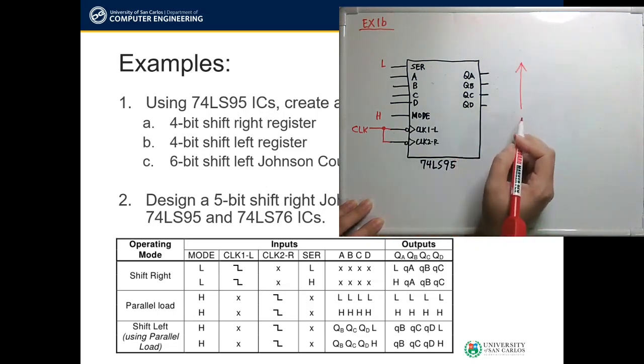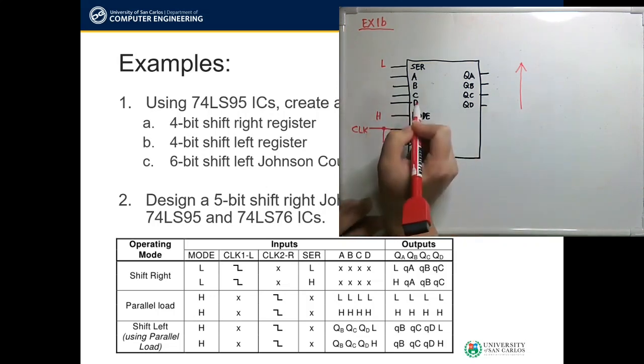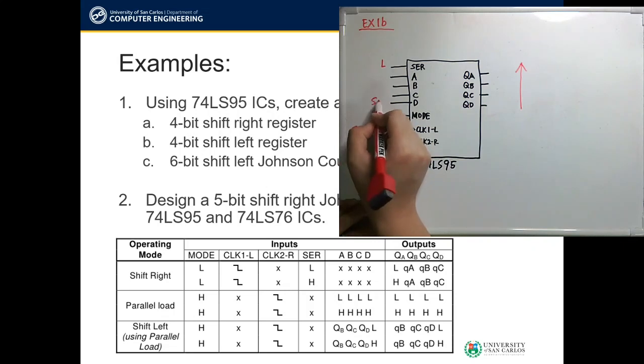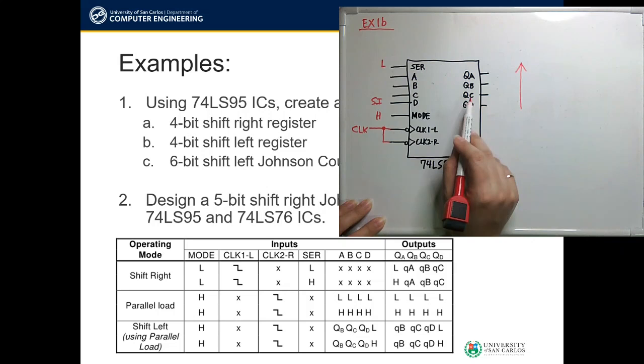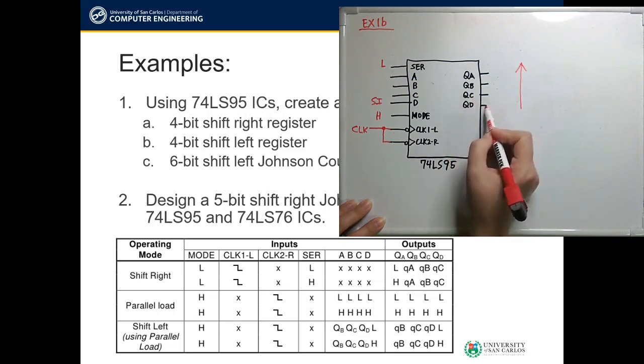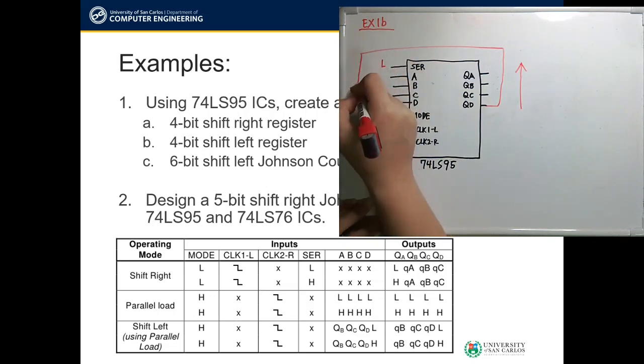Which means that our shift input must come from the rightmost, which is D. So this is our shift input. Its flip-flop output is QD. To shift the contents of this to the next flip-flop in its left neighbor, we must connect this manually to our input C.